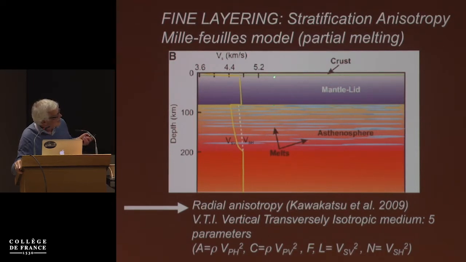But in that case, we have what we call a vertical transversely isotropic medium. We have a vertical symmetry axis, and we need 5 parameters. I remind you that for an isotropic medium, we only need 2 independent elastic parameters, which are basically related to Vp and Vs. But when we have the simplest case of anisotropy, we need at least 5 different elastic parameters.